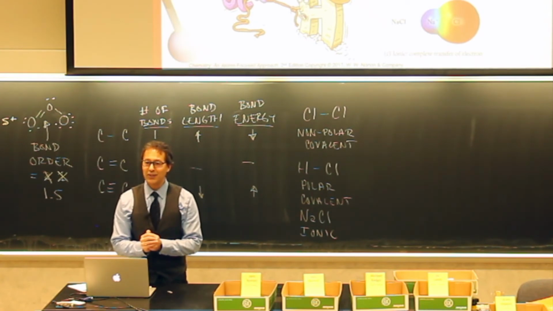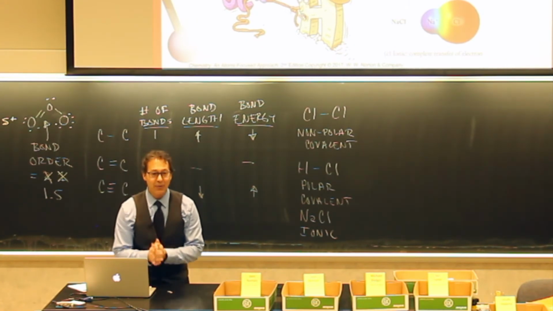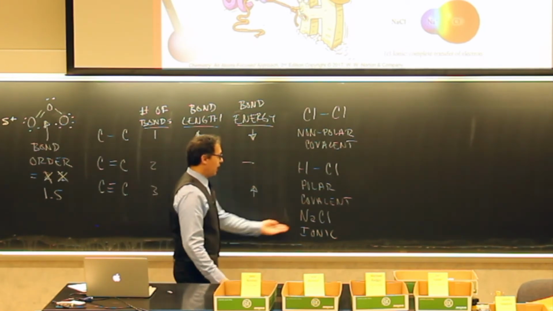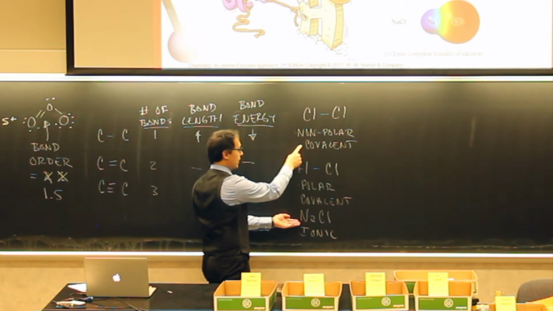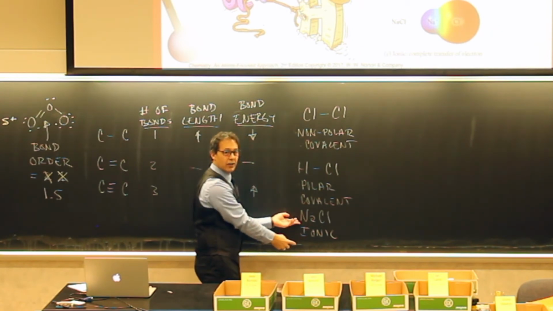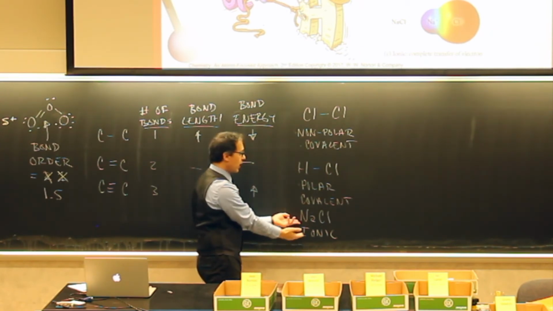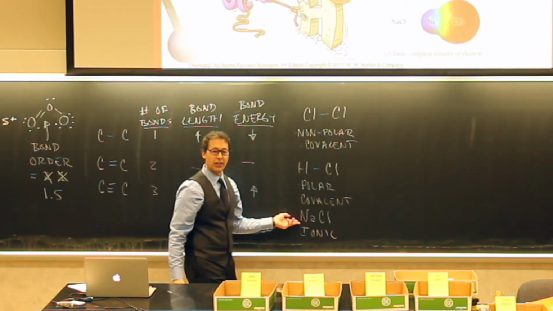Could you help me find somebody to answer this question here? Abby, help me out here. Polar covalent, nonpolar covalent. This one's not either. It's neither of those. How would I know that this is ionic just by looking at it?